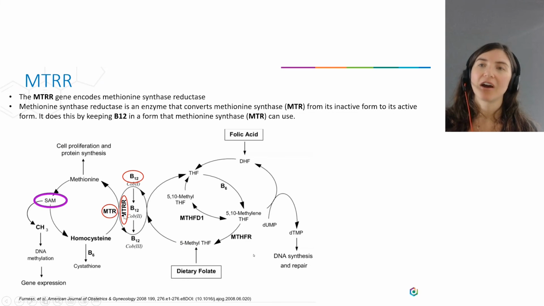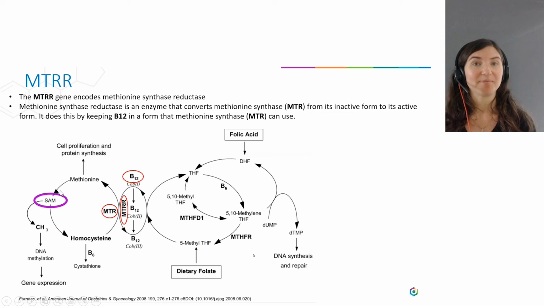So MTRR keeps B12 in its active form so that methionine synthase can be activated, and so that methionine synthase can take the methyl group from our active folate and put it on homocysteine, converting it to methionine. And then methionine eventually is going to be converted to SAM, which is our universal methyl donor.